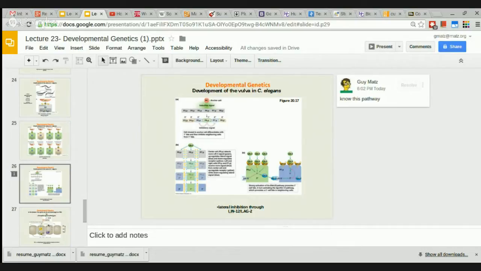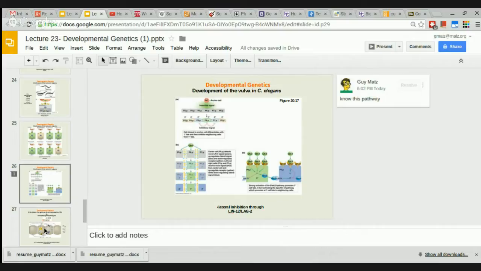And if you're in a different part of the body, Lin3 is specific to vulval development, but Let60 will induce different responses.